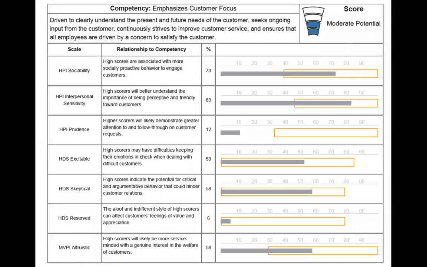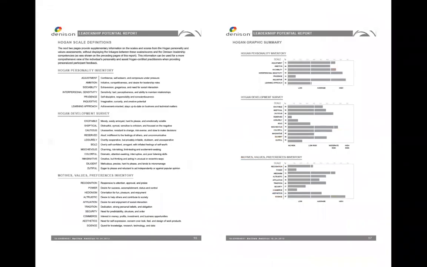And this particular individual had quite low scores on that scale. That meant that they were maybe not as prudent as they needed to be to follow through on customer focus and on customer requests. So that's the way that these are interpreted.